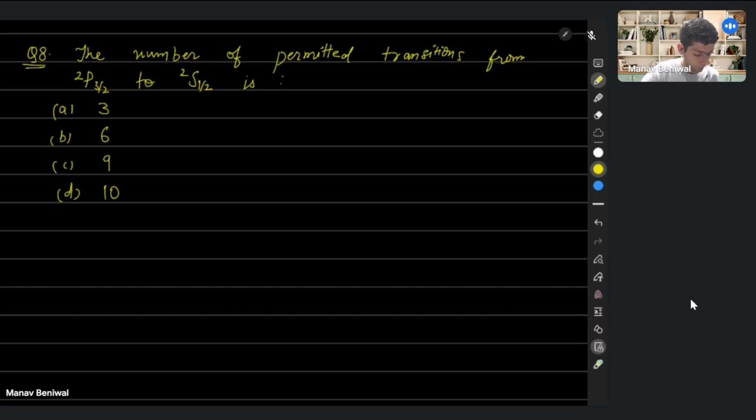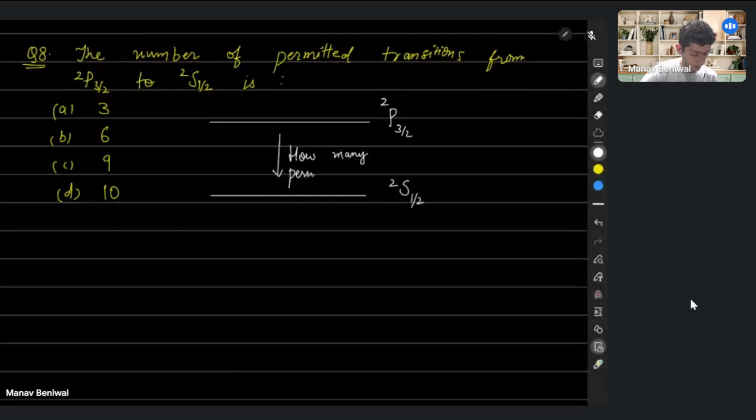So we are given two energy levels. They are calling one 2p3/2, the other one is 2s1/2. And now we are asked how many permitted transitions.